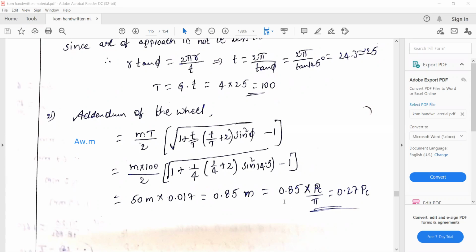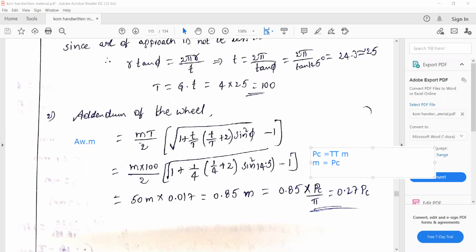How do we convert to circular pitches? Again we know the formula: P suffix C equals pi m. Already we know the formula, pi m. That is also equivalent to m equals pc by pi.